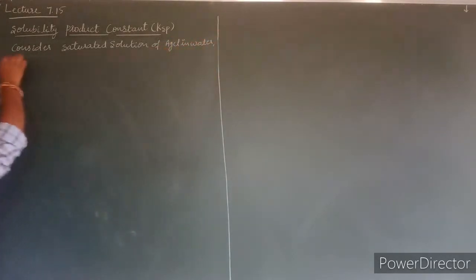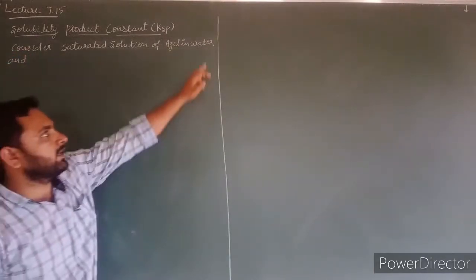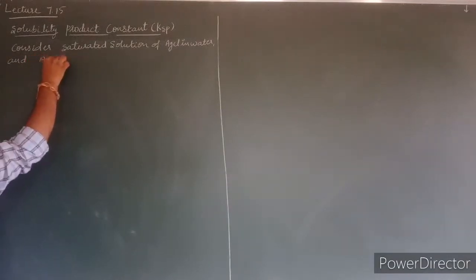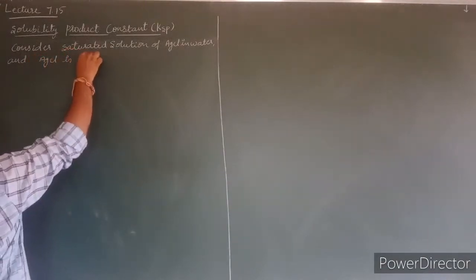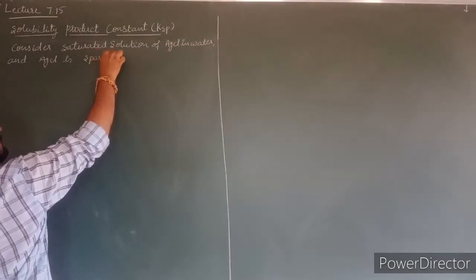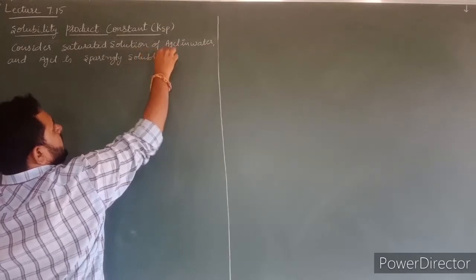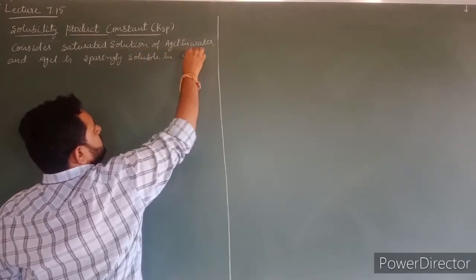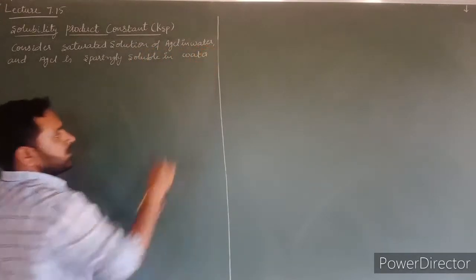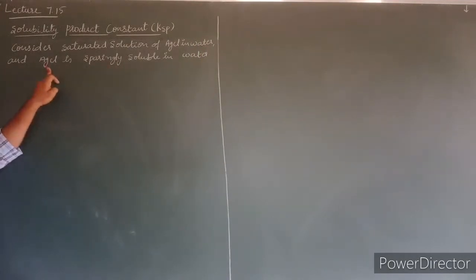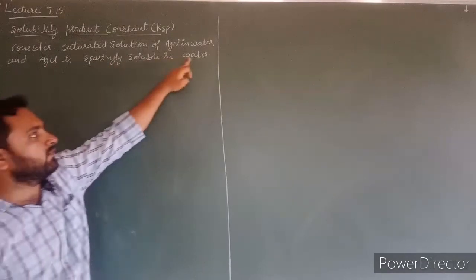And here silver chloride is sparingly soluble in water. Sparingly soluble in water means very small amount of silver chloride is dissociated into ions in water.